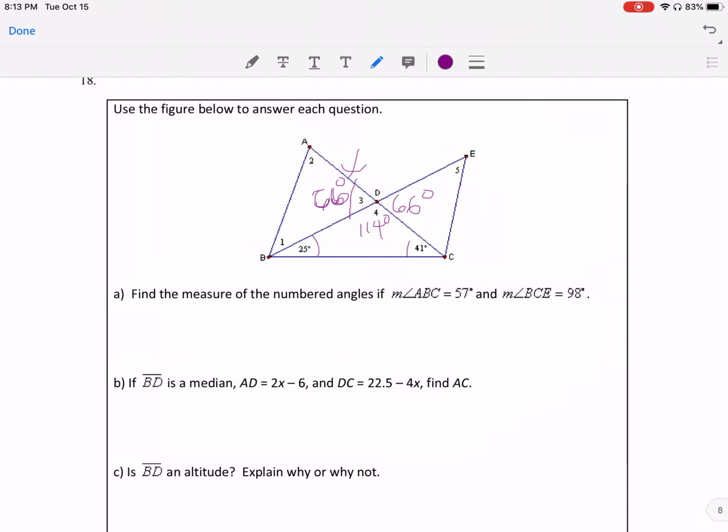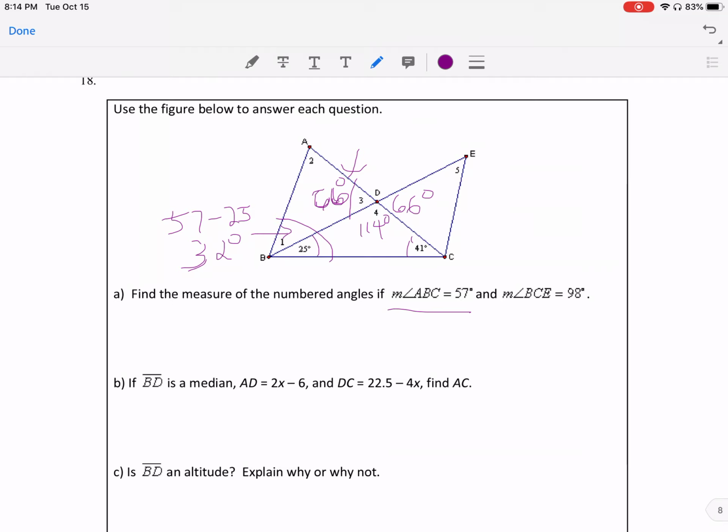And then beyond that, I need another piece of information. They give it to me here. They said the measure of ABC. So ABC, this whole angle right here is 57. So the measure of angle 1 is going to be 57 minus 25, which is 32 degrees, I believe. 32 degrees.